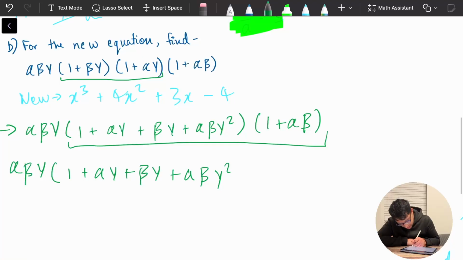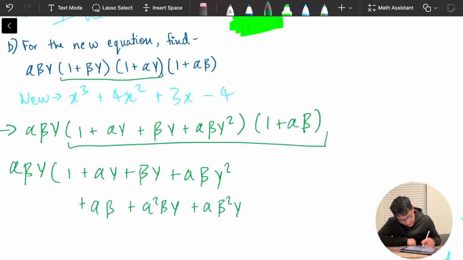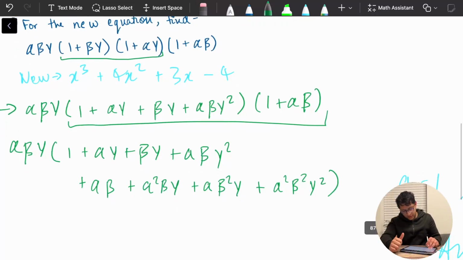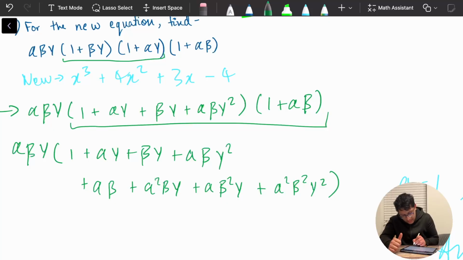It's going to give me plus alpha beta plus alpha squared beta gamma plus alpha beta squared gamma plus alpha squared beta squared gamma squared. Which is quite interesting.